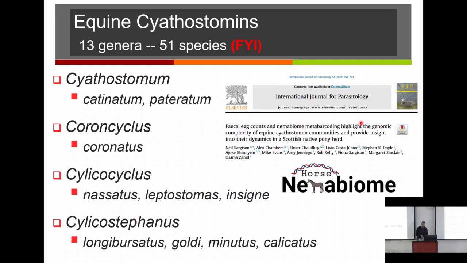The important thing we have done in this group of parasite is that we developed the horse nanobiome technology. With this technology, if you give us a fecal sample of a horse, we are able to tell you the most prevalent species of Cyostomum on your farm. That's the beauty of this technology.